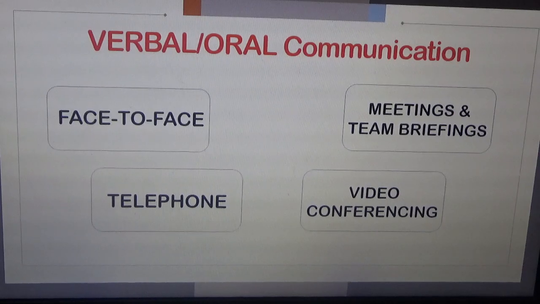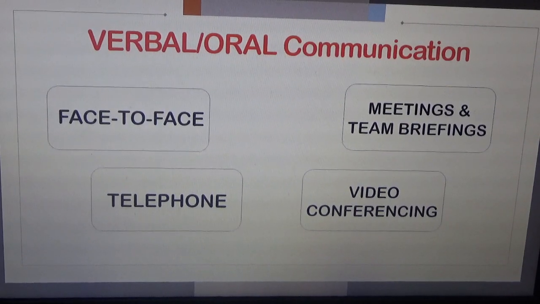It may also refer to telephone conversations or video conferencing where groups of people in different locations are able to see and hear each other through a video or internet link. And it may also include meetings and team briefings, which could involve few or many people. Verbal communication is also known as oral communication.